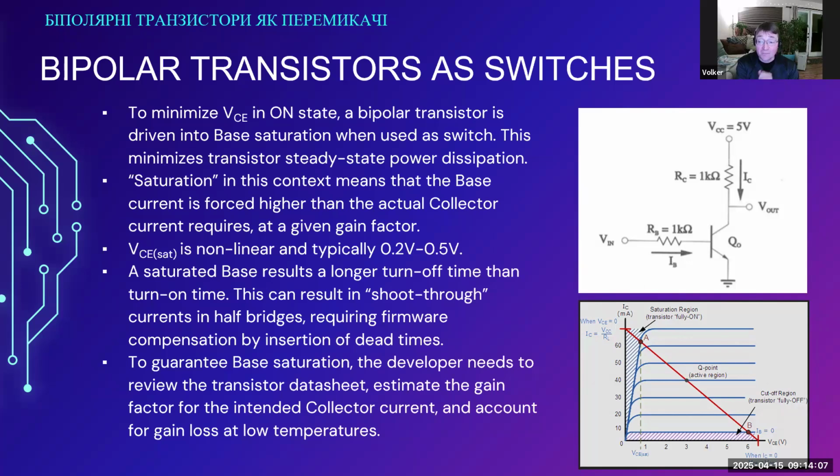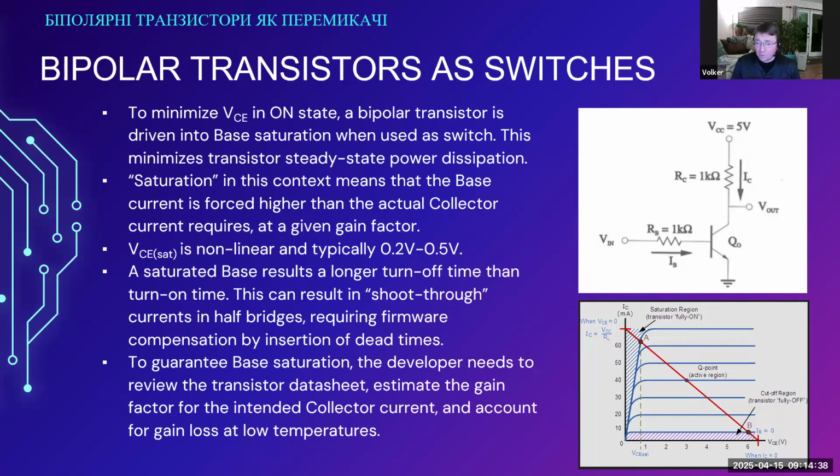So the transistor is definitely switched on, even if I'm just trying to switch 100 milliamps. If that is not clear what saturation means in this context, basically I'm making the base resistor smaller than necessary.